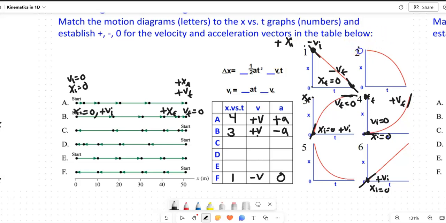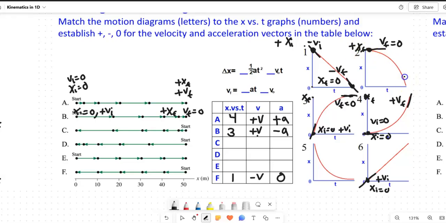Number 2 starts out at x final is positive, and that slope is 0. V final equals 0. So we're going to look for a vector that is 0, but starting out at positive 50.